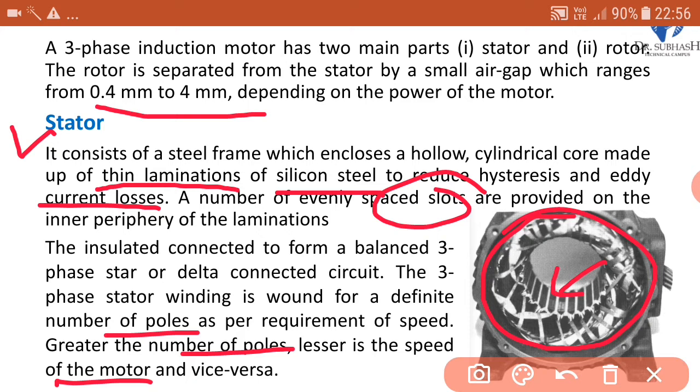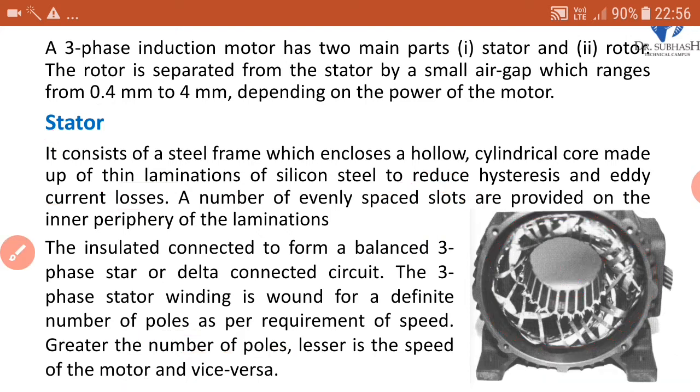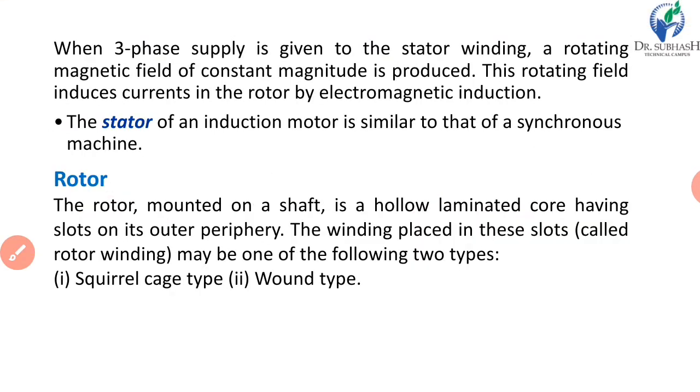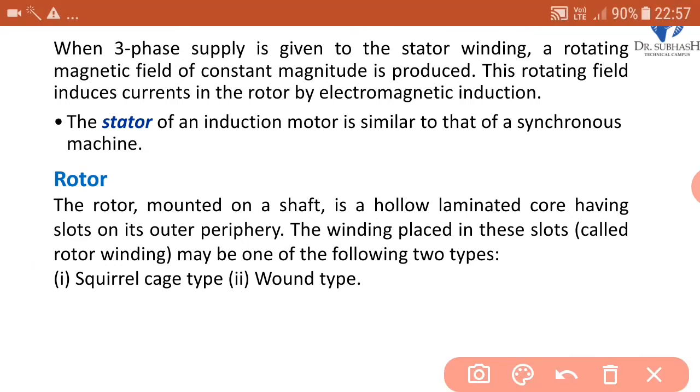There is one equation: speed N is equal to 120 f upon P. If the frequency is constant, then speed is inversely proportional to the number of poles P. When three-phase supply is given to the stator winding, a rotating magnetic field of constant magnitude is produced.